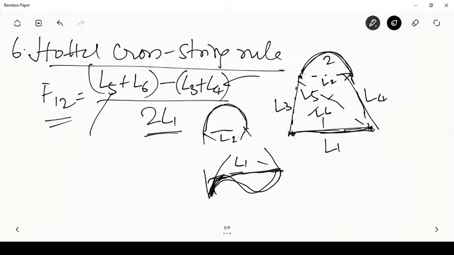So this is the Hottel cross-string method. These are various methods using which you can evaluate radiation view factors between different pairs of surfaces. Okay, we can take examples in our tutorial class and try to find radiation view factors using these methods, so that you get a little bit more familiar with the radiation view factors.